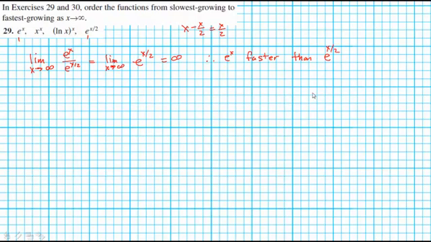Right? Now, let's try the limit as x goes to infinity of e to the x, x to the x.